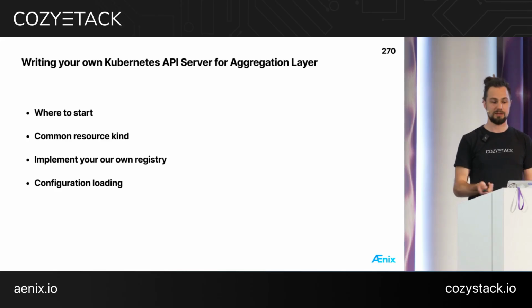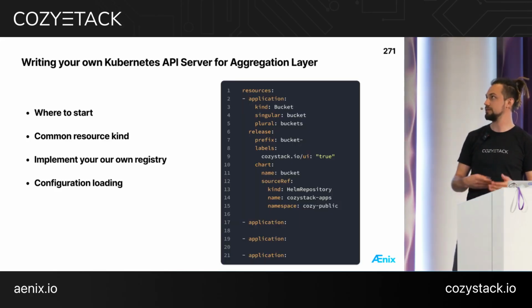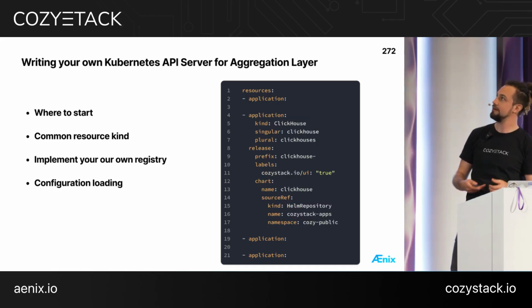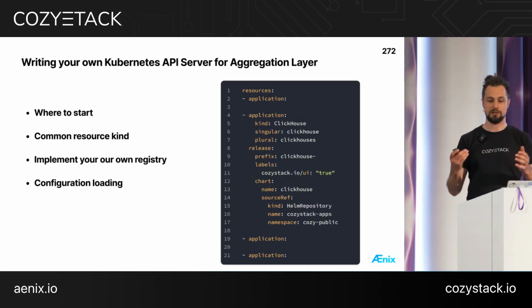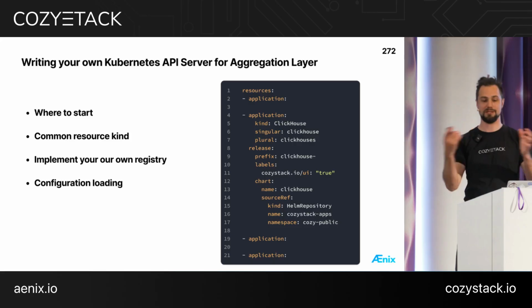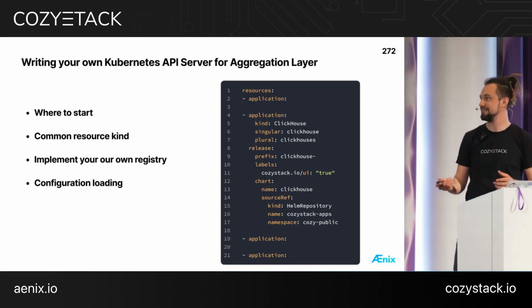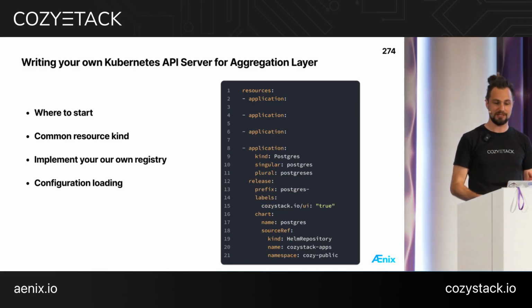Then we implemented configuration loading. So our API server reads this configuration file, which defines which kinds should be translated to which releases. So for example, Postgres will be translated to Helm charts with such a name and this repository, and they also have prefixes which also will be removed.